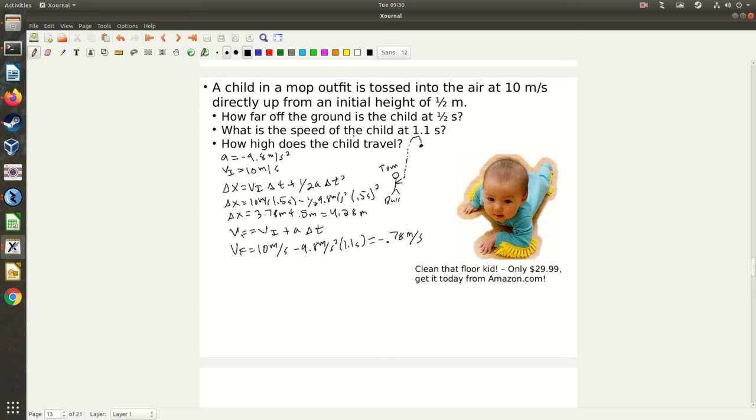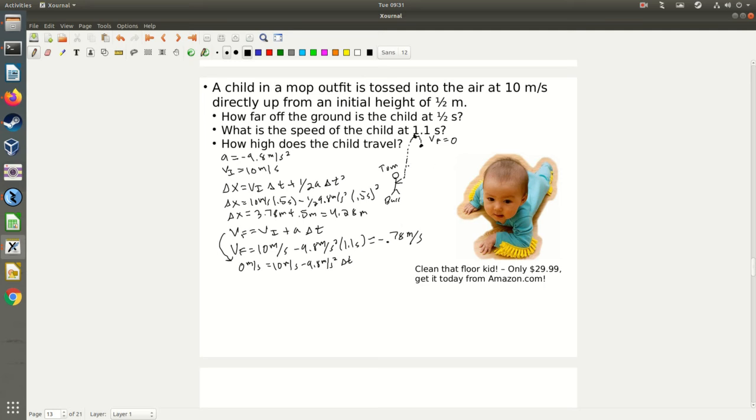How high does the child travel? Okay, well, this time I need to do two things. I need to first figure out how long it takes to get to the top of this trajectory. I know at the top of the trajectory, the final velocity is going to be 0. So what I want to do is use this final velocity equation, knowing that my final speed is 0, my initial speed is 10, and then minus 9.8 meters a second squared times delta t.